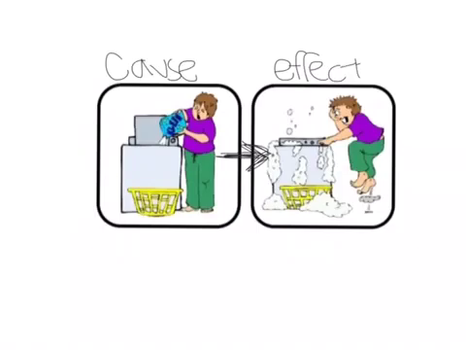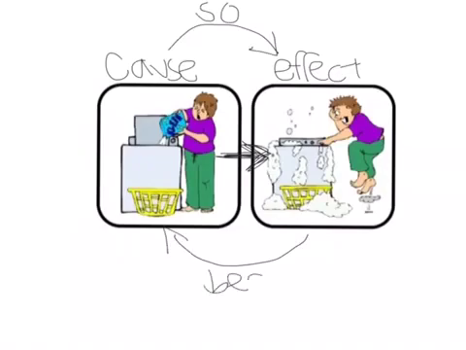So you're always going to make a top arrow like this and write so, okay? And then you'll do a down arrow like this with the arrow going to the first box, because, okay? And this is how you can read it.